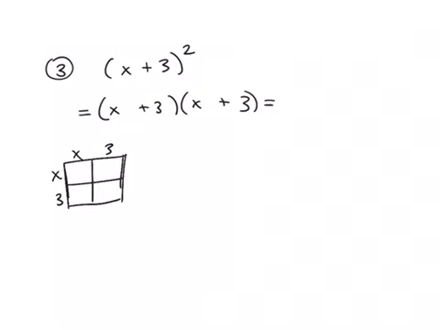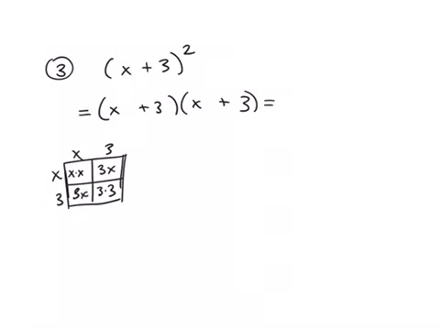And so, when I do my rectangle, I do x times x, or x squared, x times 3 for 3x. This square here will be 3 tall and x across, so it's 3x. And this square right here is 3 tall and 3 across, so that's 3 times 3.